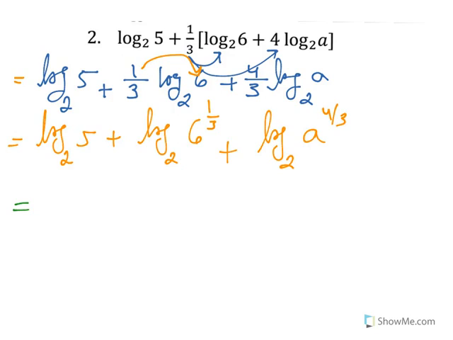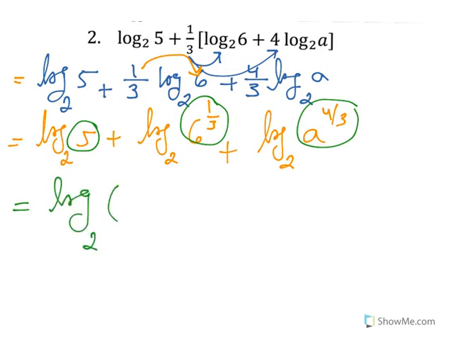What I can do is multiply all these circled numbers inside only one of the logs. It's not like taking a log as a common factor. It's just using the rule of multiplication. So it's going to be log base 2, and you're multiplying everything: 5 times 6 to the power 1 over 3 times a to the power 4 over 3.